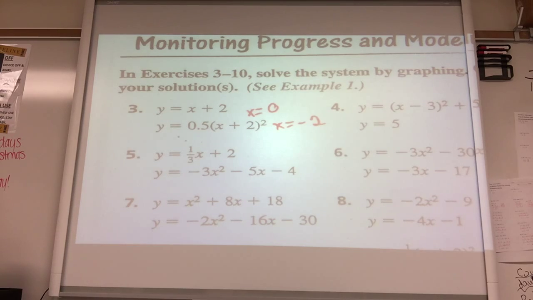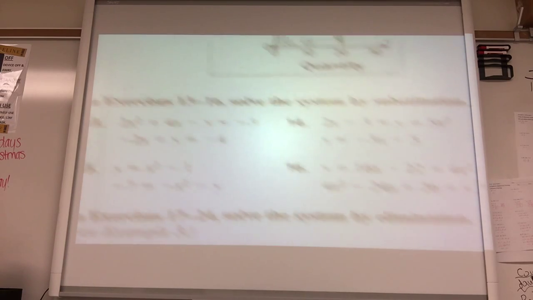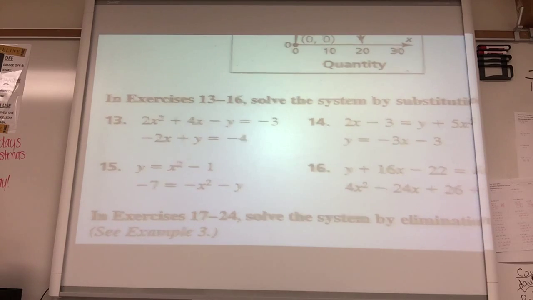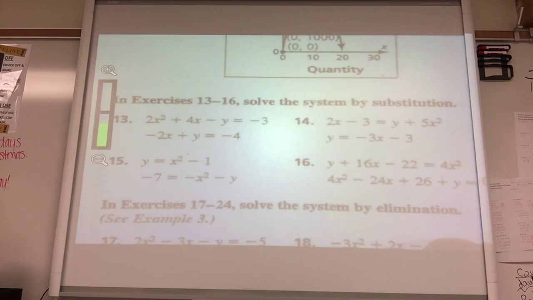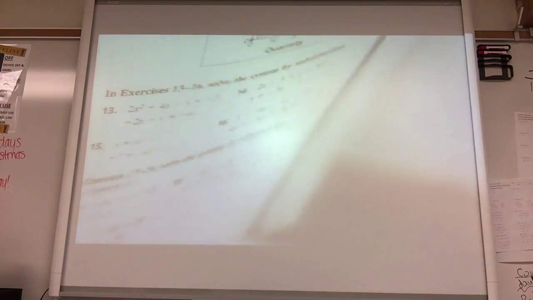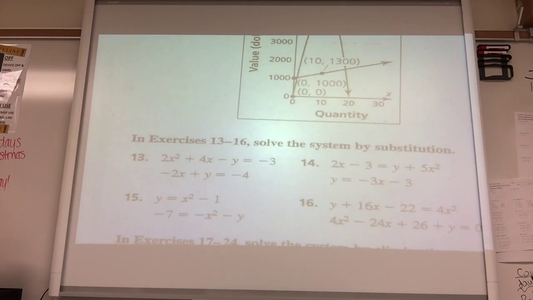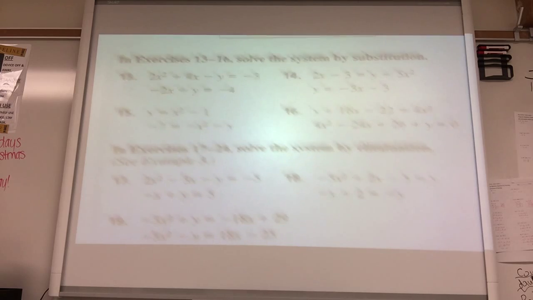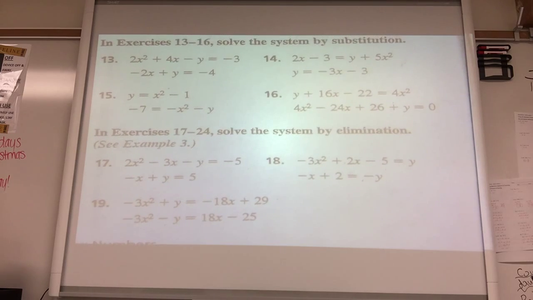All right. Now, if you look further down and to the right, it says solve the system of equations by substitution. So we've done this before, but only with linear equations. It's a pretty easy concept, really. You're just substituting one of your variables into the other equation.